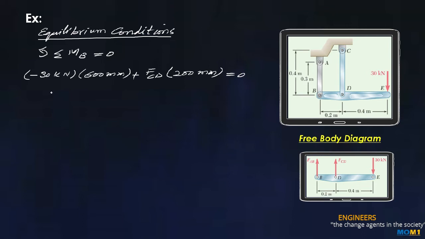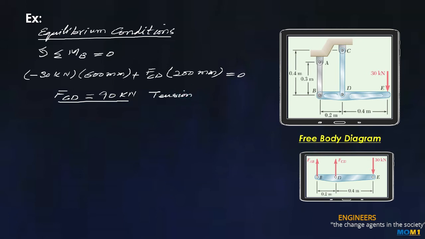Now solving this, we get the force in link CD that is 90 kilonewton. Now this positive sign indicates that there is going to be tension in the link.